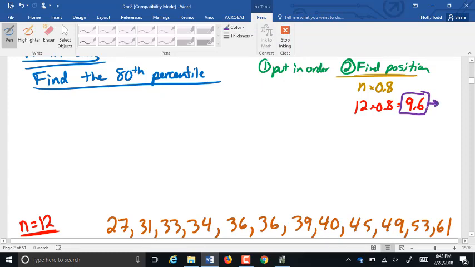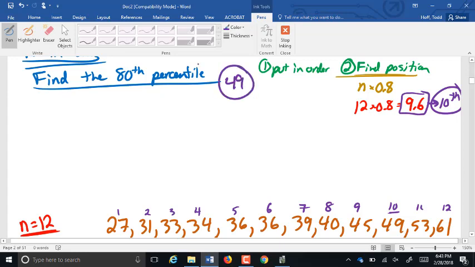Round up. Even if that was 9.1, we would round up. So that would be the 10th position. So we've got 1, 2, 3, 4, 5, 6, 7, 8, 9, 10. The 10th position is the number 49. So 49 is the 80th percentile for that data set.